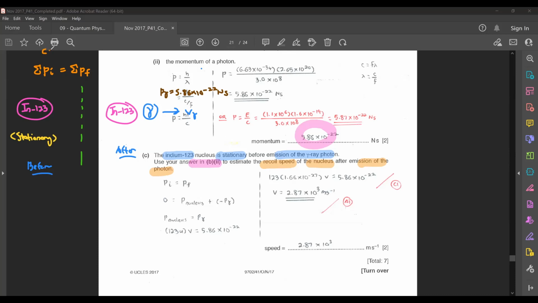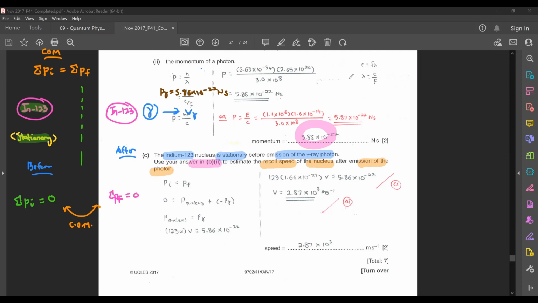This is what conservation of momentum is about. So if you look at the total initial momentum before the emission of the photon, it should be 0 because you only have the indium 123 nucleus there and it was stationary. And now, after the emission of the photon, if you apply conservation of momentum here, your total final momentum after the emission of the photon should also be 0.